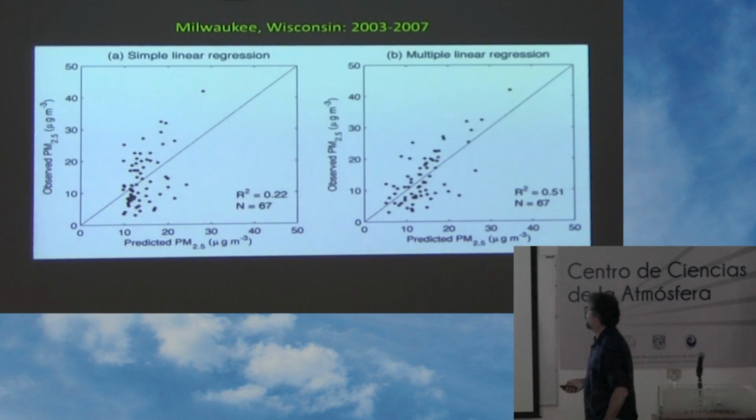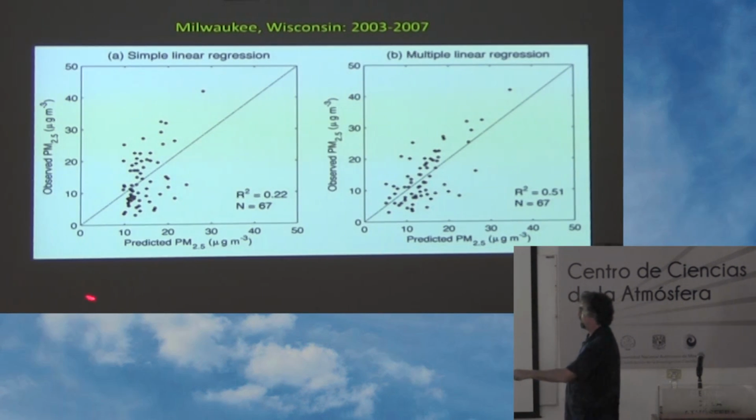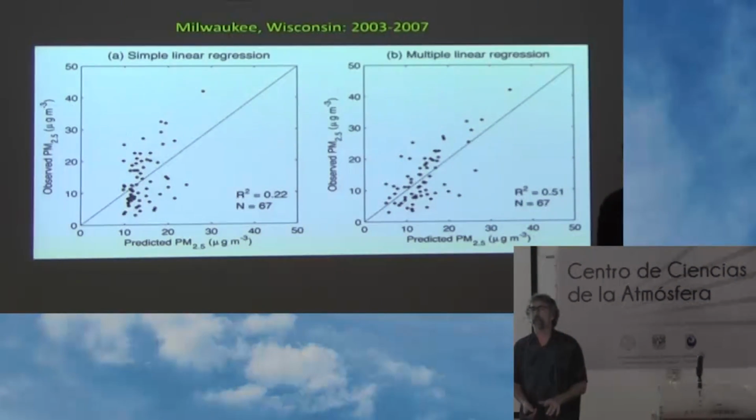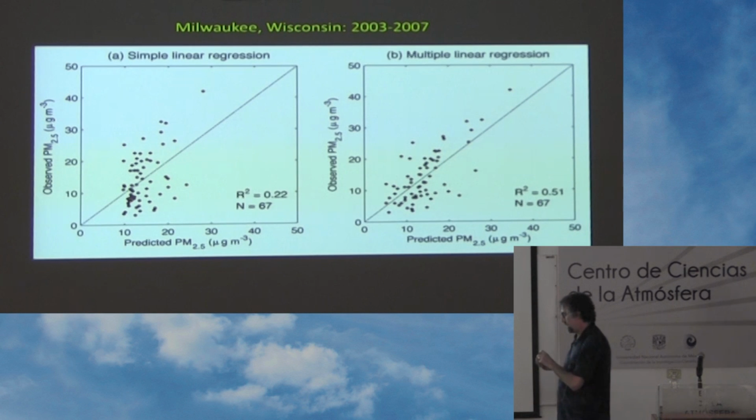So let me show you some things about the model. Here is the simple model, the first model, the state of the art. You have observed aerosol concentrations, and these are the predicted ones based on the simple regression model using only aerosol optical depth in situ. You can see that the model, this is the R squared, the square of the correlation coefficient, has some skill in reproducing the PM2.5 values, but not very much.